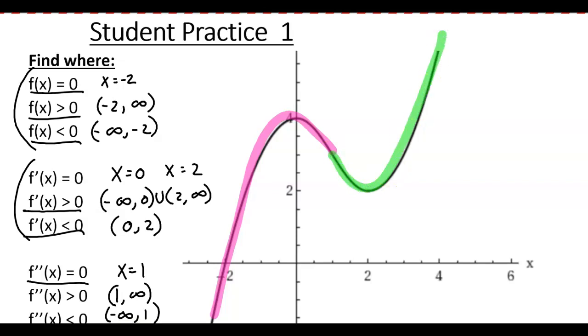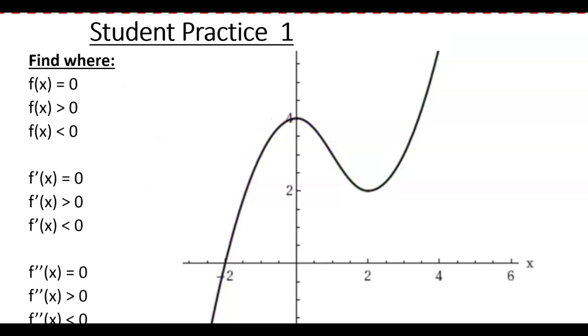And so I would say that the point of inflection is probably right here, at about x equals 1. The second derivative is greater than 0 on the green section, so that's from 1 to infinity, and it's less than 0 anytime the graph of f is concave down, which is the pink section there, from negative infinity up to 1. And so there are the solutions to your student practice.